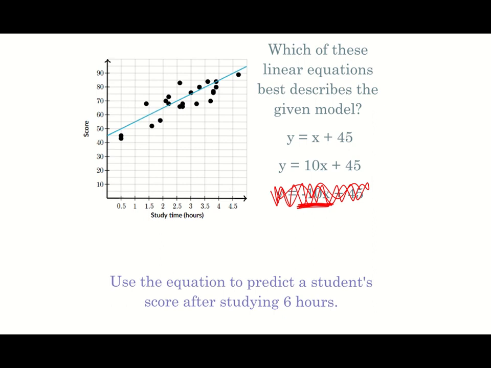It's not decreasing. So then the thing about the first 2 equations, it has the same y-intercept, which this appears to cross at the 45. So I need to think, is the slope 1, because that's what this would be, 1x, or is it 10x? So I'm going to find a couple nice points to use. So if I'm looking like there and there, if you look at what's happening here and draw the stair, you can kind of see what I mean there.